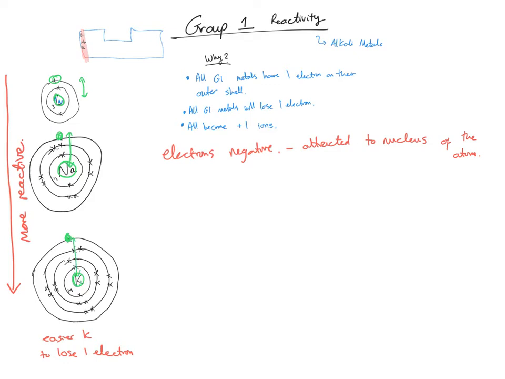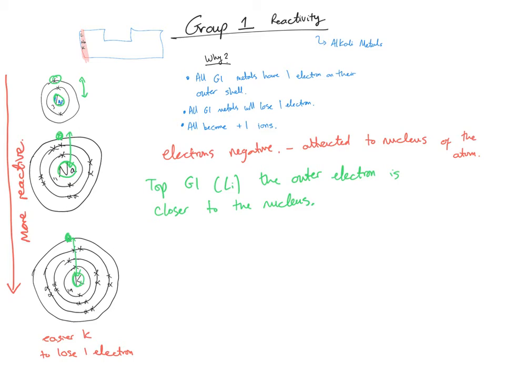So the pattern is, at the top of group 1, lithium, the outer electron is closer to the nucleus. You can see it's much closer in lithium than it is in sodium.